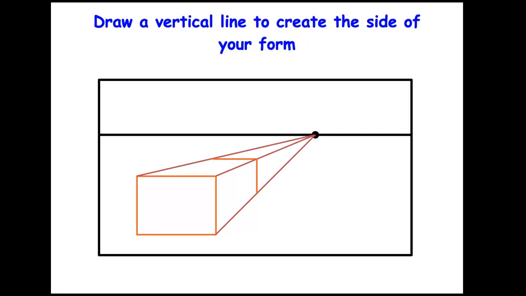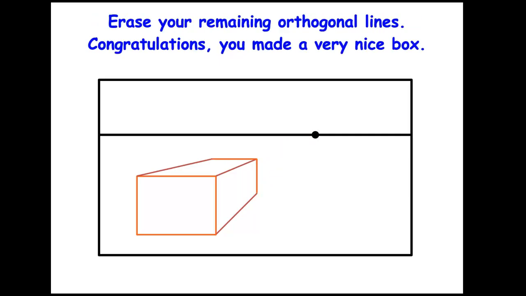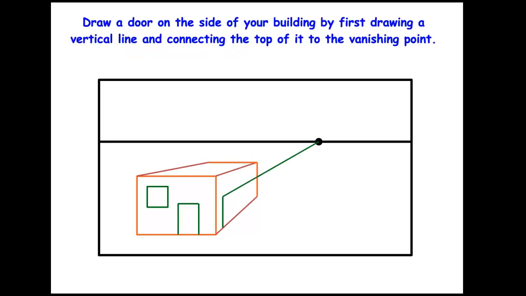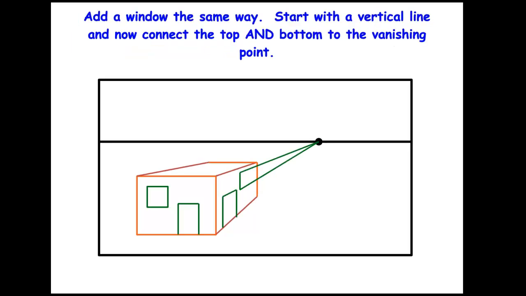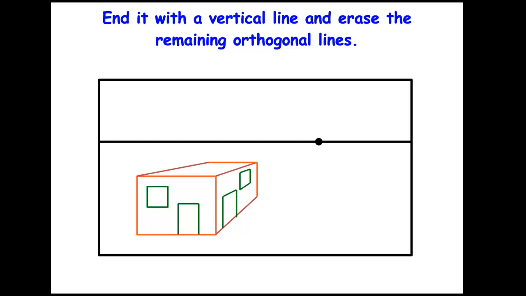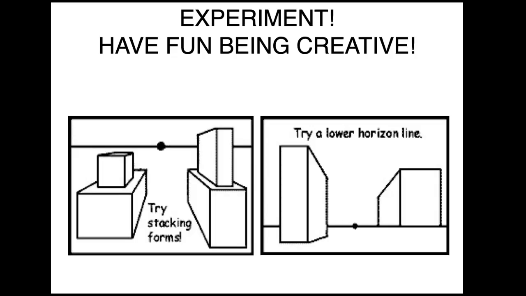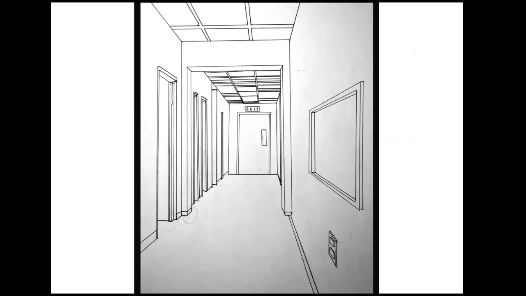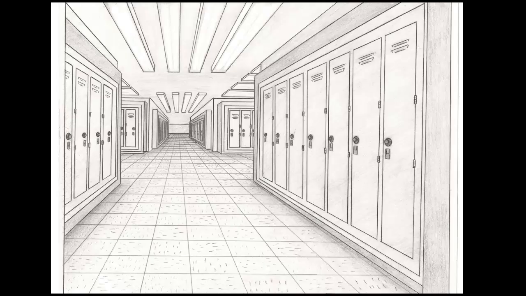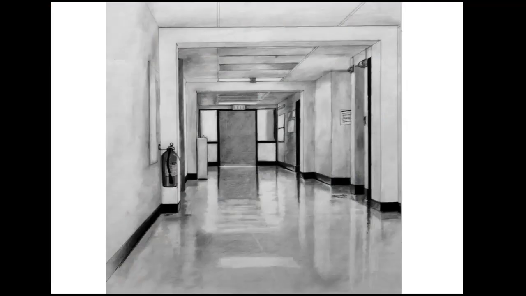That's how you started it, and then that's how you finished it. You erased out those other lines. And then here we have some more things happening. So there you can see how you could create a window, and more buildings, and more buildings, and you can stack forms, and so on, right? So this is the basis of perspective drawing. And there we see all of that.